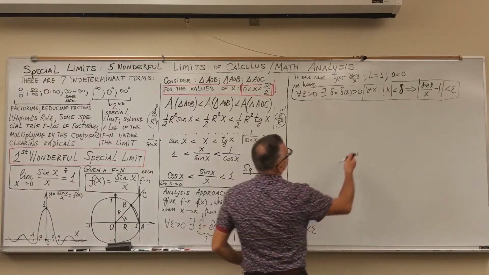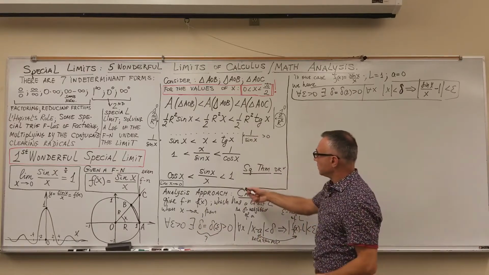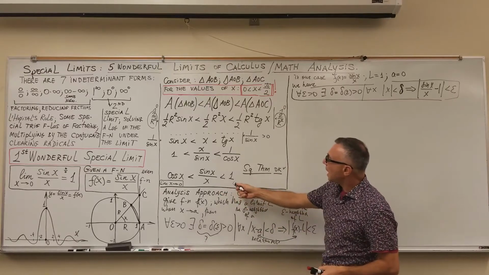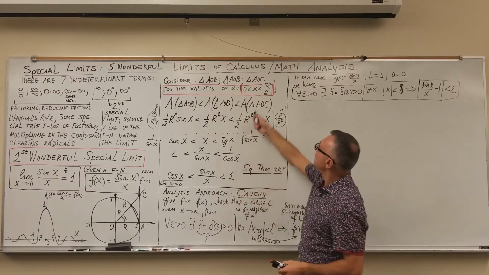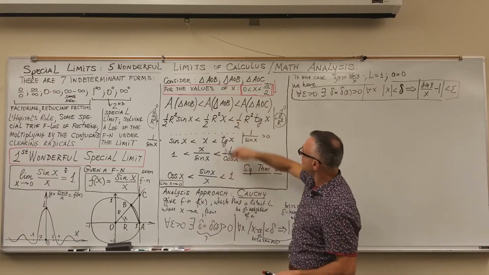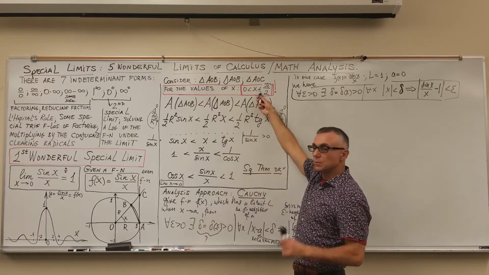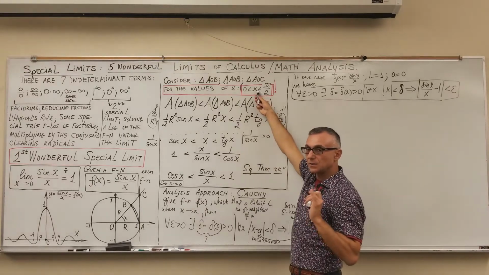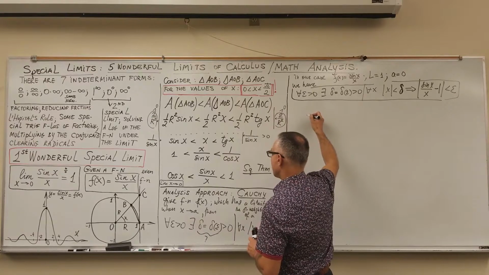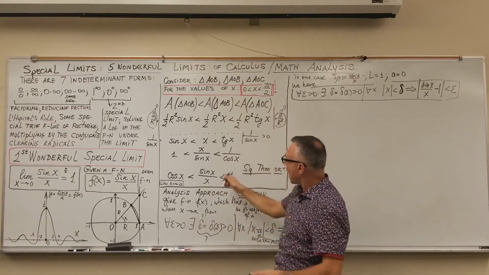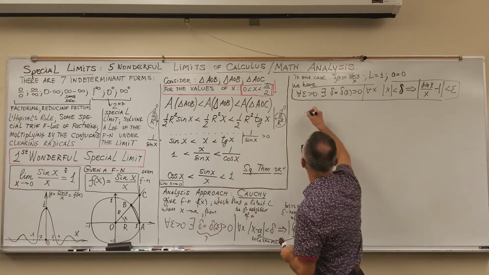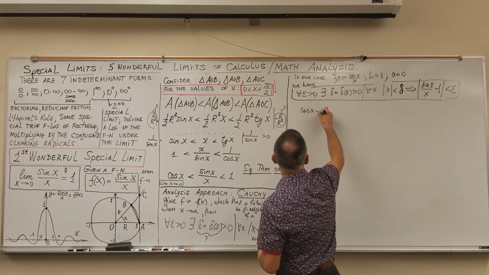So I need to modify my statement to find the relationships I have. This is where I stop, and please remember we set up all those conditions when our x is in the first quadrant. If I subtract 1 from all the sides, I'll get sine x over x minus 1, and cosine x minus 1.